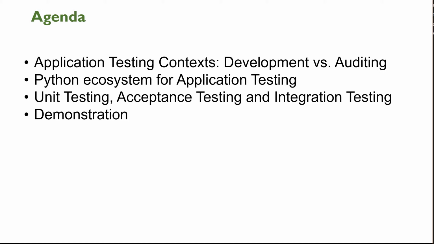Number three is to go through the three phases of testing: unit testing, acceptance testing, and integration testing, and look at the ecosystem that Python offers for these three phases.